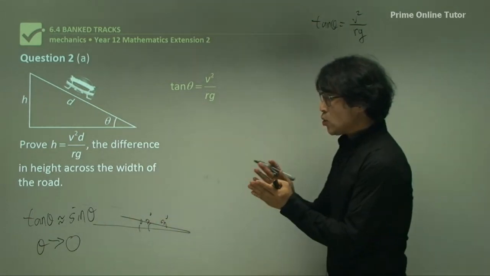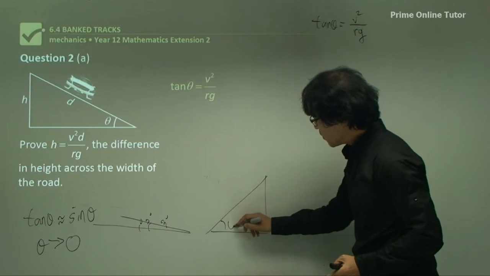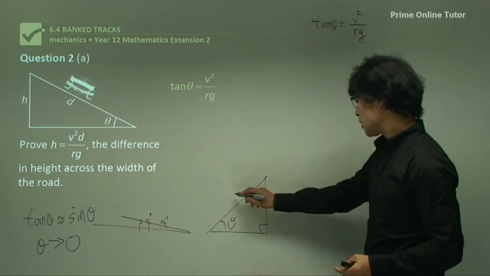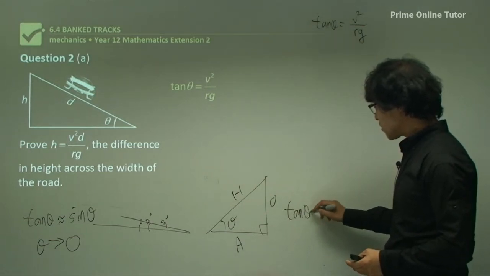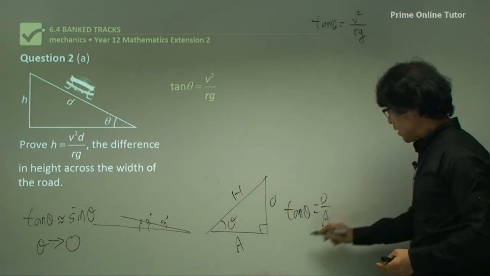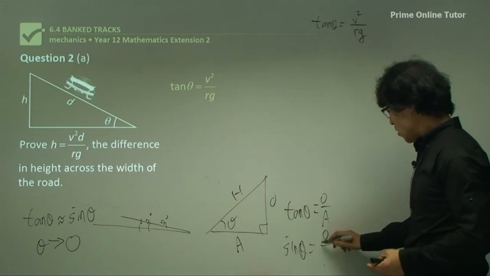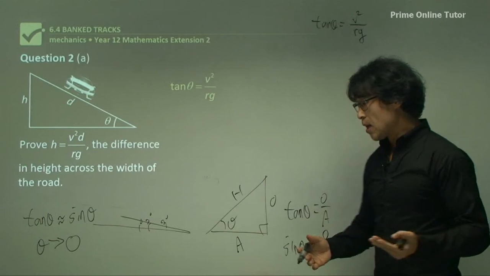So usually, say what's happening in the triangle over here. Say that's opposite, that's hypotenuse, that's adjacent. So tangent theta, how do you write it? Tangent theta equals O divided by A. And what about sine theta? Sine theta, O divided by H. Now, have a think about here.